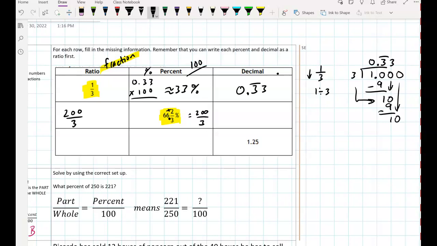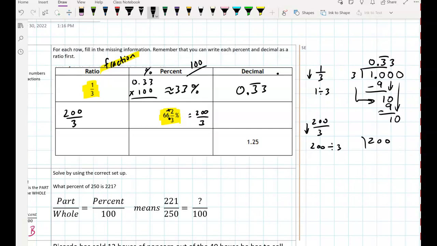Now, we've already learned how to convert a ratio to a decimal. We'll do that one more time over here. 200 over 3 is like that. Remember, we divide down, so that would be 200 divided by 3.